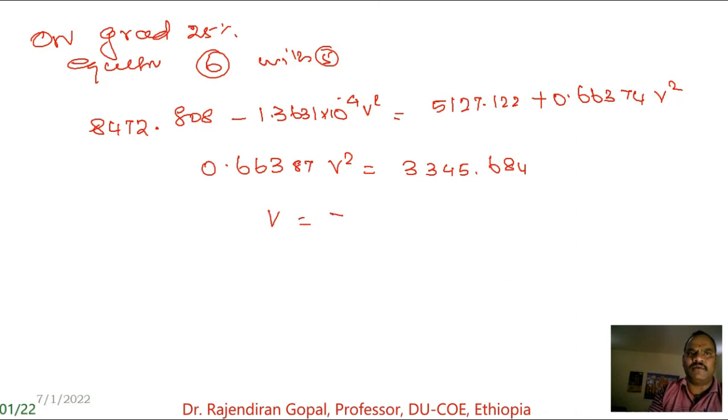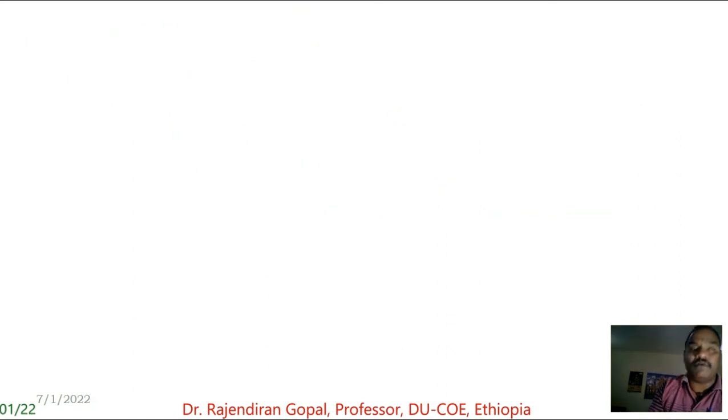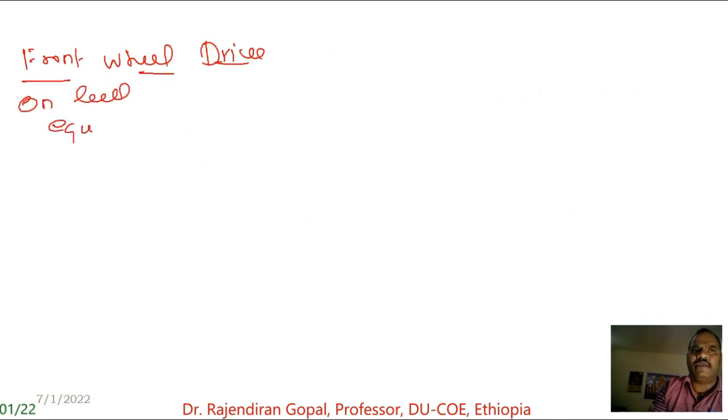Then V is equal to 70.99, that is, 71 kilometer per hour.